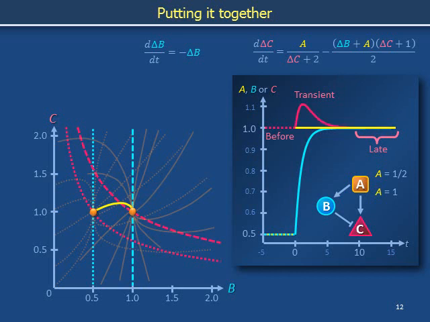The transient bump in the plot of the level of C versus time on the chalkboard corresponds to the vertical rise and then descent of the yellow curve in the phase portrait. Eventually, the higher levels of B at later times help bring the level of C back down toward its original steady-state value.